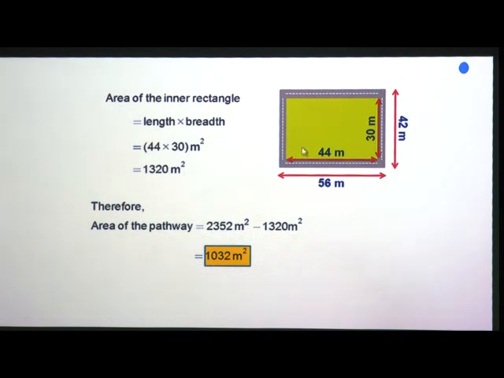So, the area of the path for this rectangular inner and outer rectangle, we found as 1032 meter square.